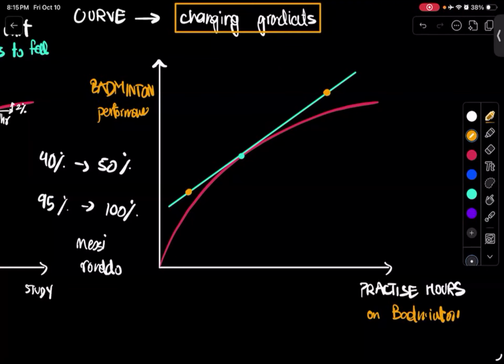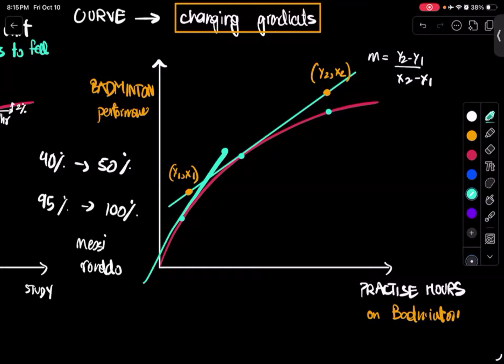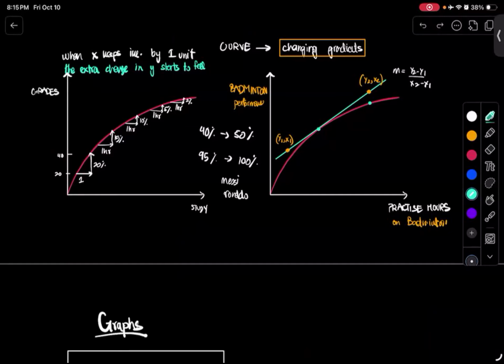You take this as (x2, y2) and this as (x1, y1), and then the gradient is y2 minus y1 over x2 minus x1. So that's how you find the gradient of the curve. If you want the gradient at a different point, you'll have to take a different point and calculate the gradient for that point. Make sense? We'll do this in more detail later on, but I think that's it for now.